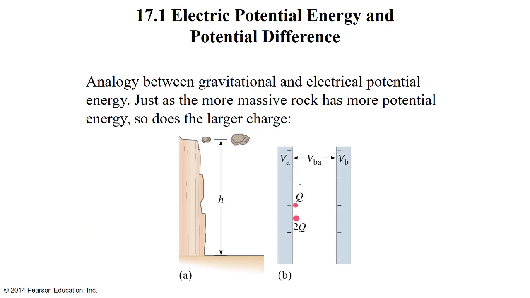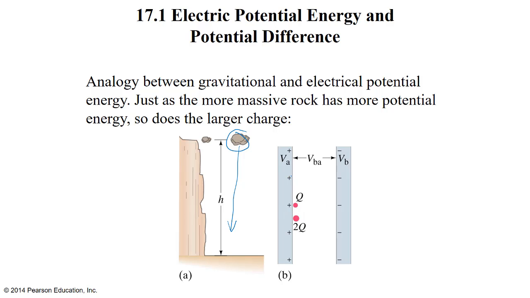The reason we don't use potential energy but rather just potential or potential difference is because we think of masses as discrete pieces that fall, which is great. Charge isn't really like that. This is usually a continual stream of charged particles that are moving through here. And so by dividing out the charge, we make it so it doesn't depend on how much charge is here.